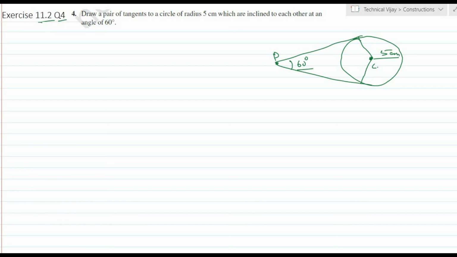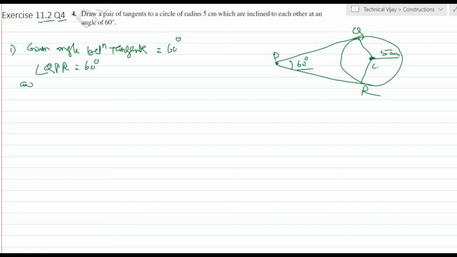So now first construction, given angle between tangents is equal to 60 degrees. That is QPR, this is Q, this is R. So angle QPR is equal to 60 degrees. This is given. Angle at the center, this is the center. We have joined QR, QC and RC.